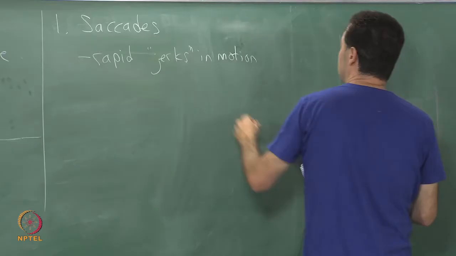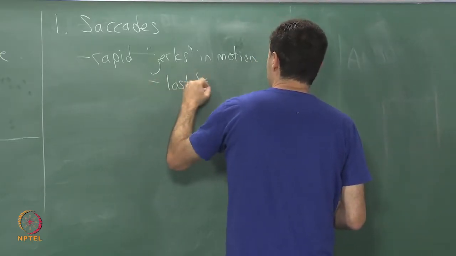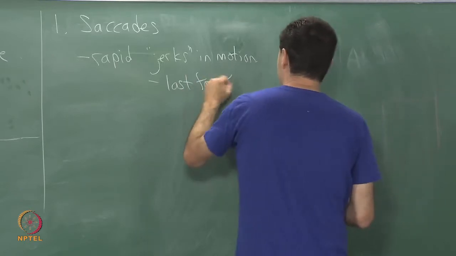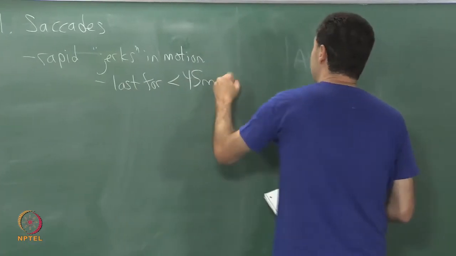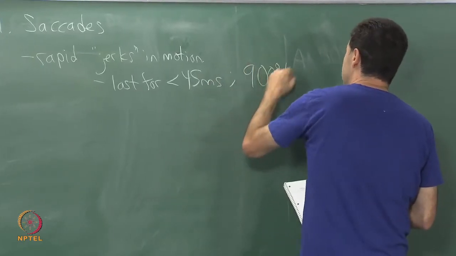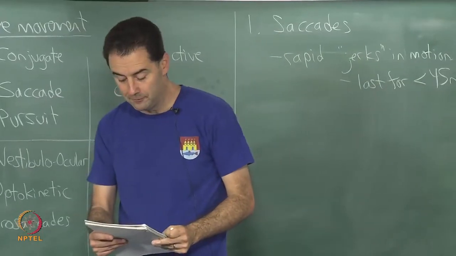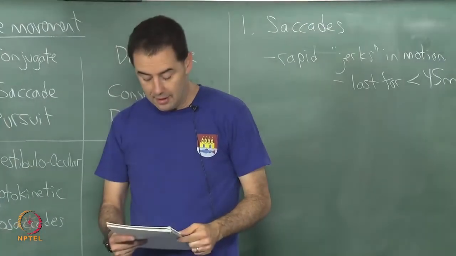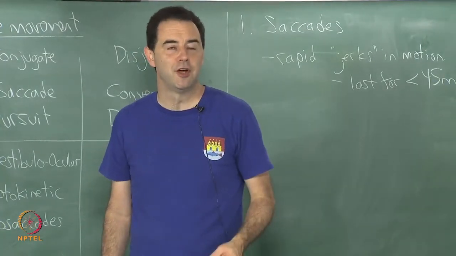Right, so these jerks, they last for less than 45 milliseconds, and during that time they may be as high as 900 degrees per second. So very fast motions are occurring. And as I said, one of the main reasons for doing this, while I showed you the video, I said that it improves visual acuity.